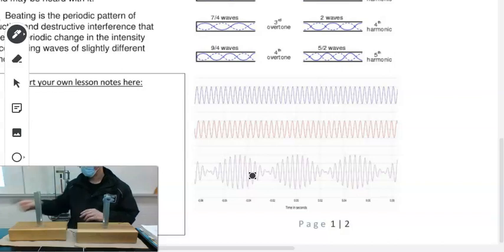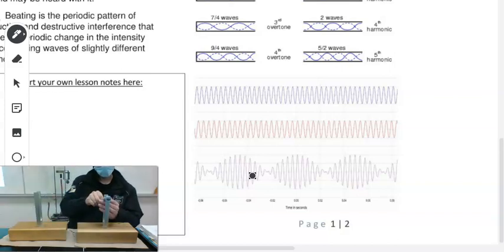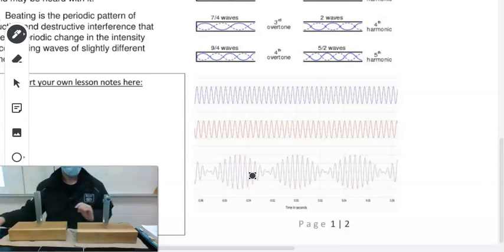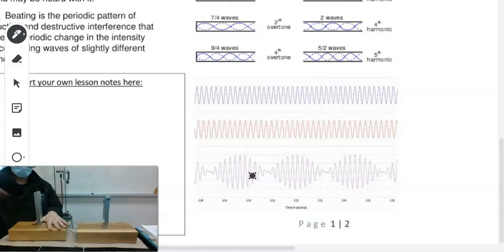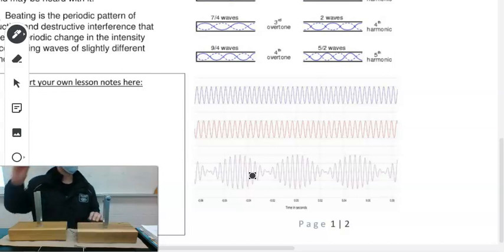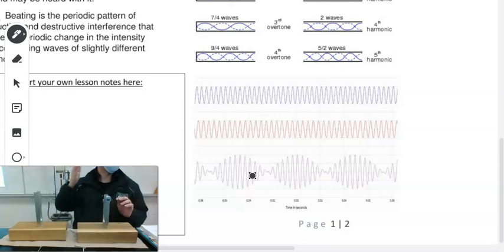Now what I'm going to do is I'm going to make those frequencies a little further apart. So tell me what you hear. So now the beats are a lot faster, aren't they?